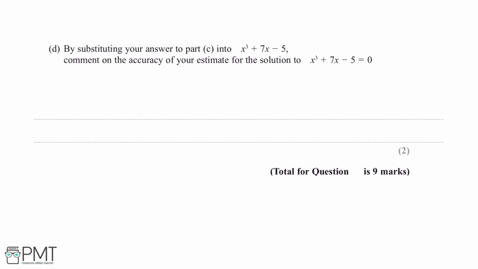By substituting your answer to part C into x cubed plus 7x minus 5, comment on the accuracy of your estimate for the solution to x cubed plus 7x minus 5 equals 0. So what we want to do is substitute our answer from part C into this equation, and if we get a value that's near to 0, we can say that our estimate is fairly accurate.